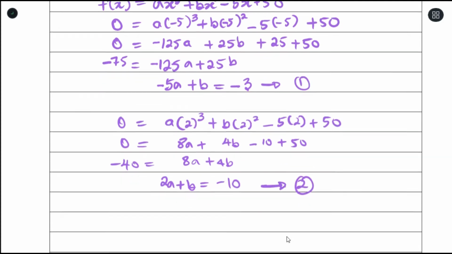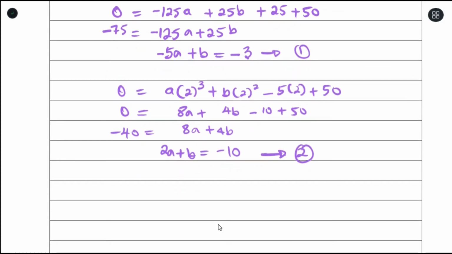With this, we can do simultaneous equations for these two equations to help us get our a and b. So we can rewrite equation 1 and equation 2. I'm thinking of rewriting equation 1 to be b equals, and equation 2 can also be written as this. I can equate both of them because they are both b. So this is what it's going to give me.